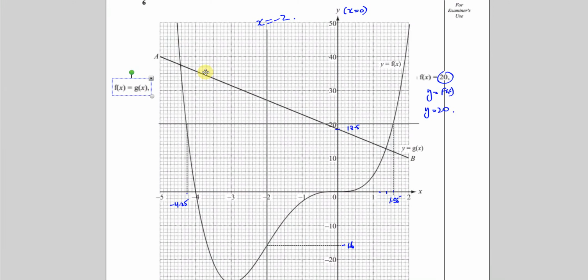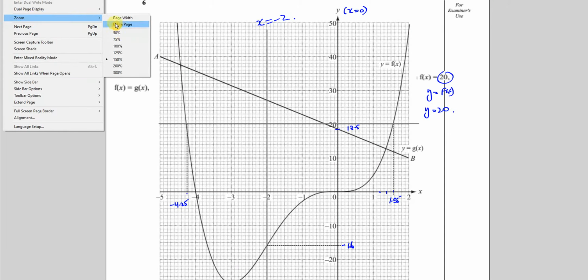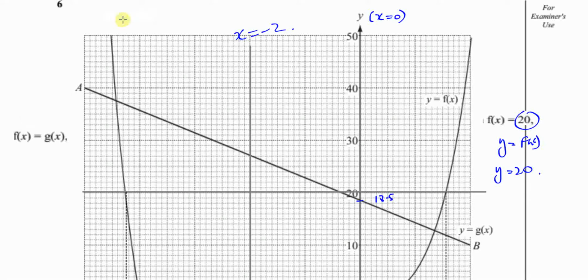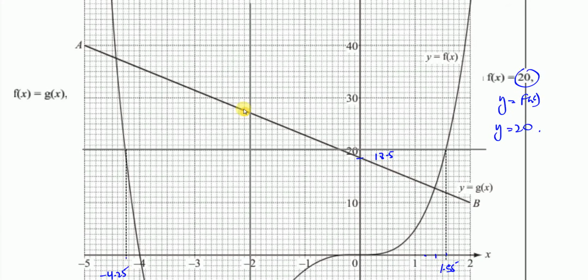So the points at which they intersect, we've got to find the x values of where they intersect. So I'm going to take this point here. I'm going to zoom in a bit more so I can see it more accurately. Okay, so I need to find out what the coordinates of this point are. So that will take us down here.